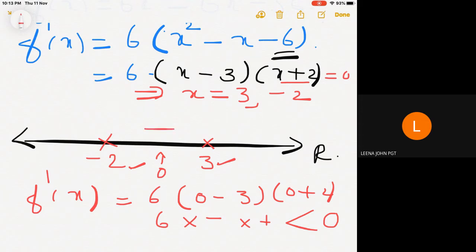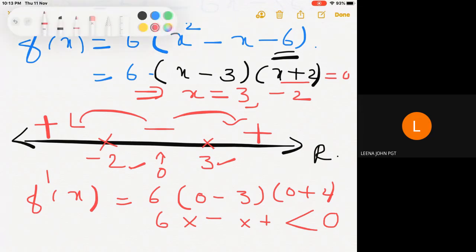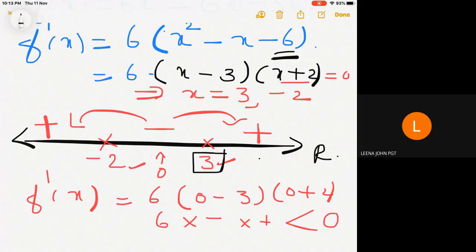And another thing, how you will find out here for 3 to infinity. There you can check, or it automatically becomes plus, and here it is plus. And how you get this is the factor which is responsible for the zero at 3. The corresponding factor is x minus 3, and its power is an odd number.